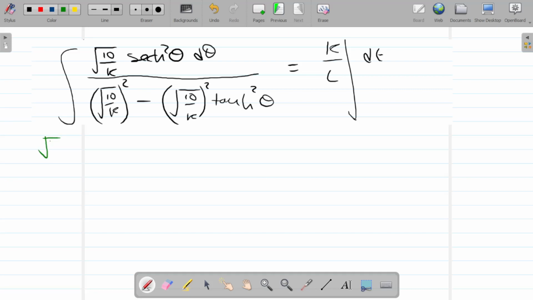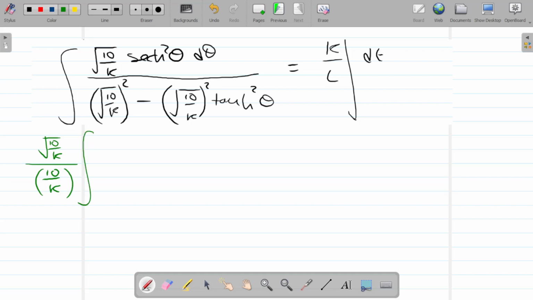So we've got the root of 10 over k, all divided by, now that we're taking this and this outside the brackets, we can simplify those to just give 10 over k, like so.